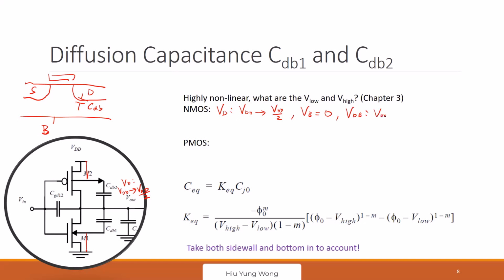From VDD to VDD divided by 2, because your body is always at 0. VDB is the drain to body potential difference. The potential difference goes from VDD to VDD divided by 2.